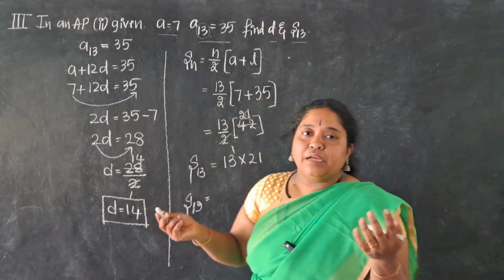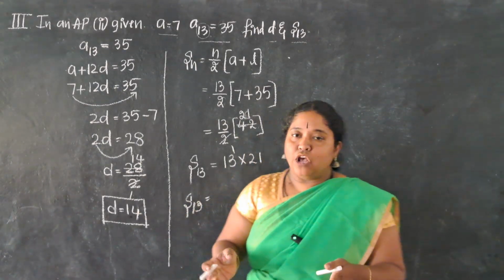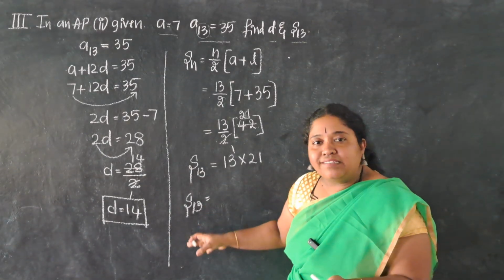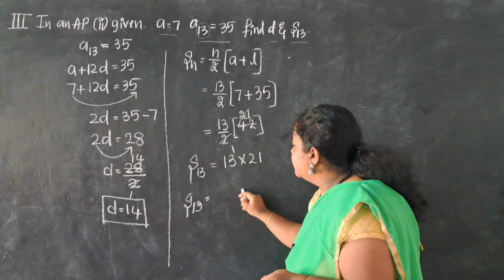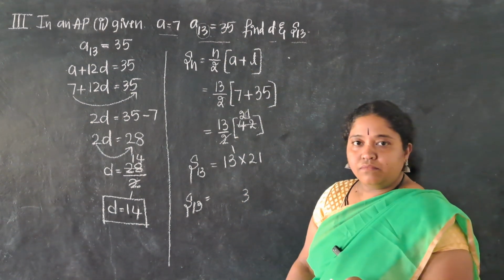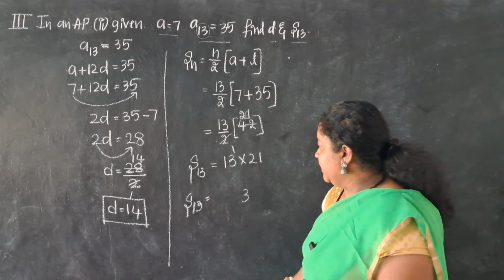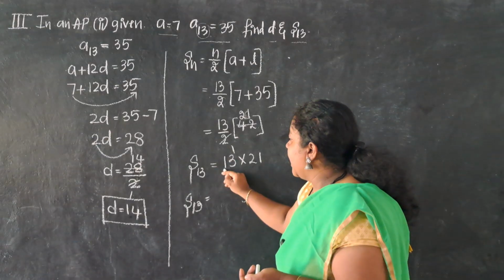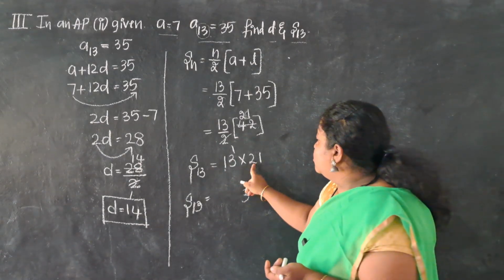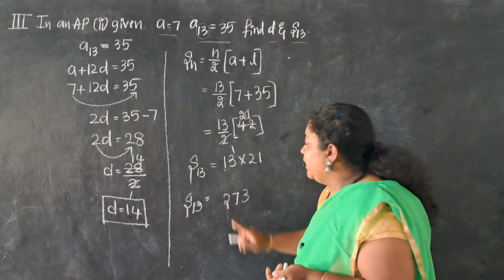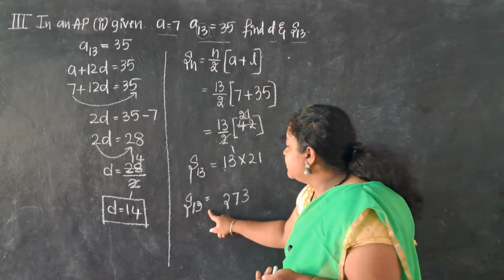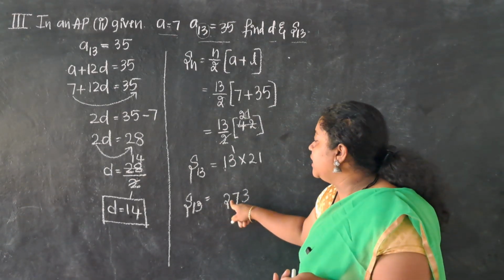Because the arithmetic progression has 13 terms, so the sum would be represented by S13. Understanding, see, 21 threes are 63. So 6 I got carry here. Understanding, 21 ones are 21 plus 6 will become 27. So what is the sum of the first 13 terms, dear?